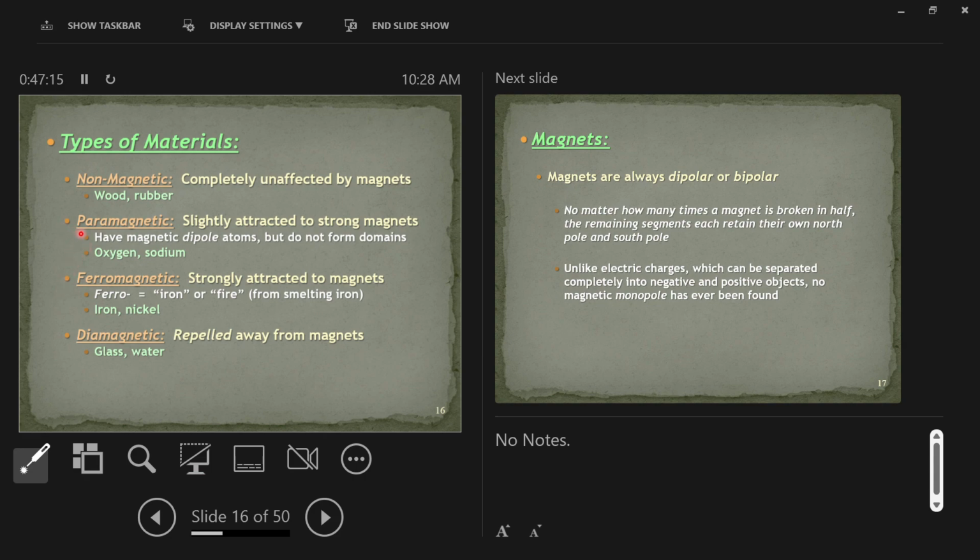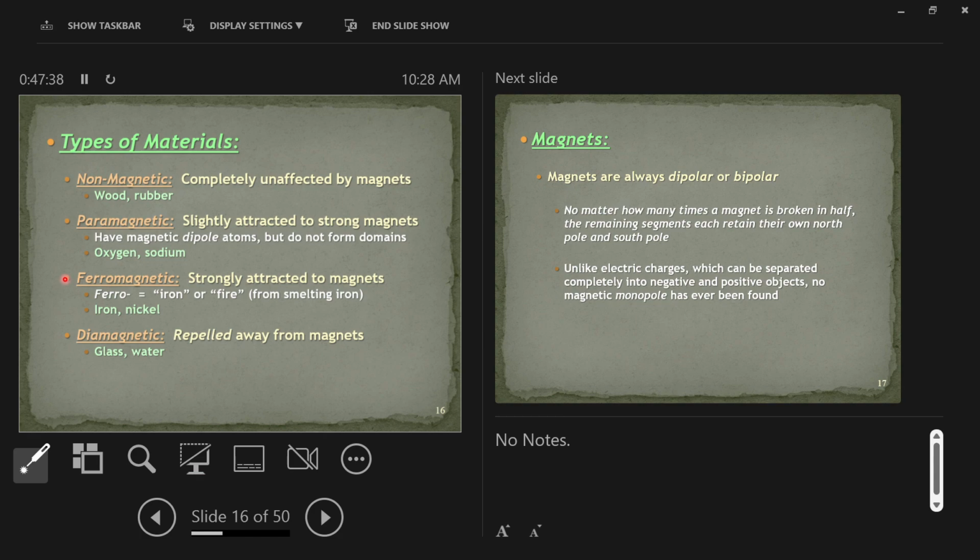So notice what they say for paramagnetic. Oxygen is a magnetic dipole but does not form magnetic domains. And there's a complicated reason why that I won't even bother trying to go into, because I wouldn't be able to do it justice. But we can say that it doesn't form domains, okay?